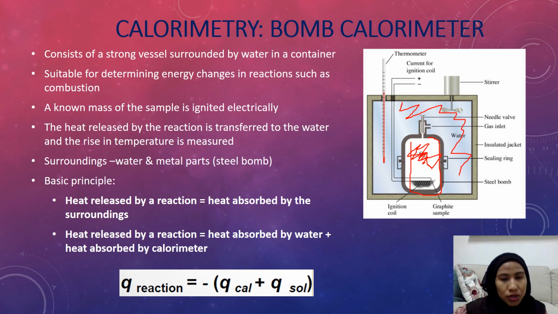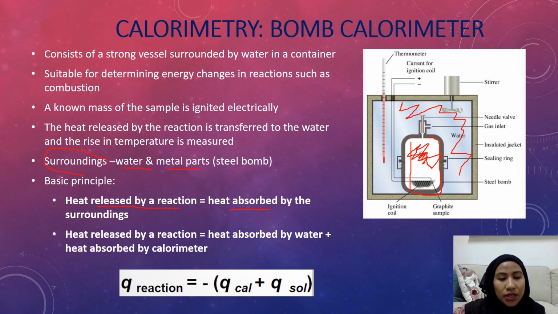So we need to know some basic principles of the bomb calorimeter. Heat released by a reaction is equal to heat absorbed by the surroundings. In this case, the surroundings are water and metal parts, and the metal part is the steel bomb.